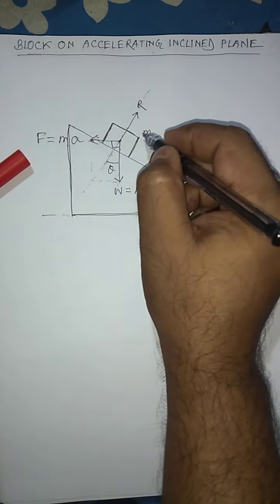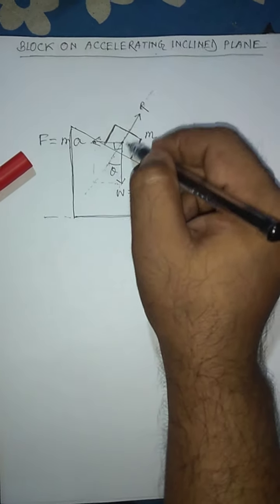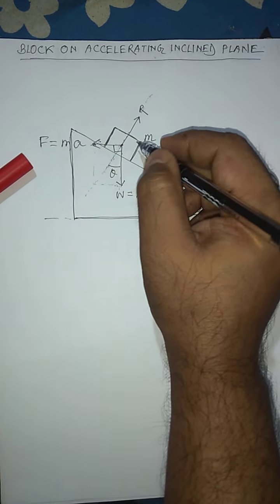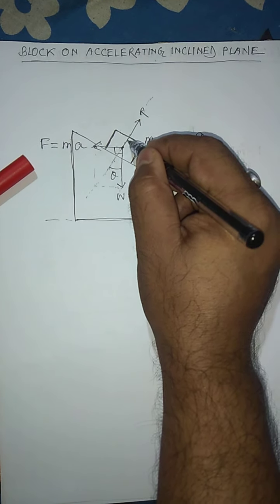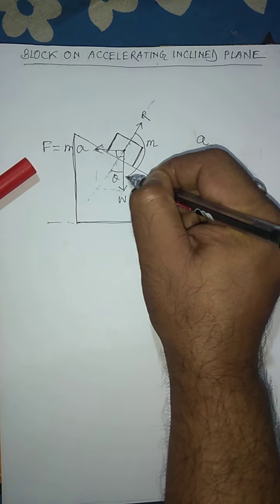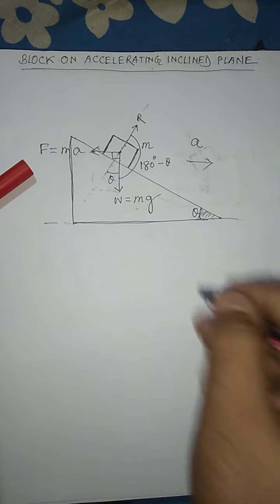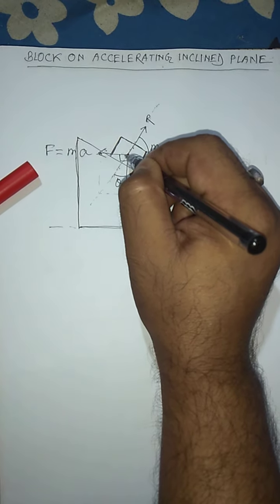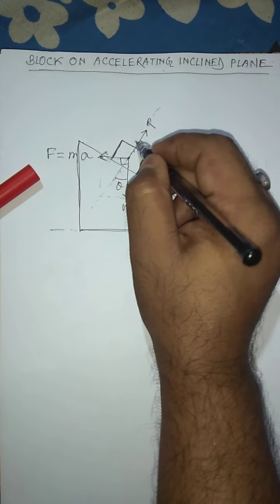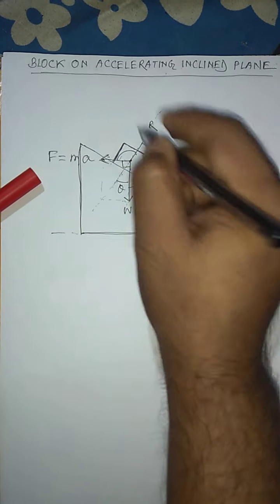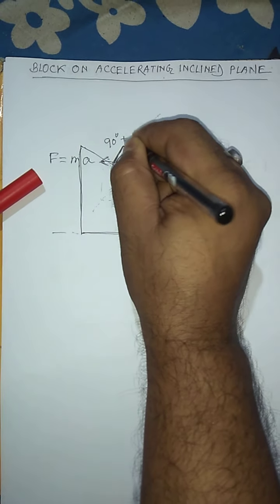Thus, we can say that the angle between the direction of the normal force and the direction of the force of gravity is 180 degrees minus theta. And then the angle between the direction of the pseudo force and the direction of the normal force is 90 degrees plus theta.